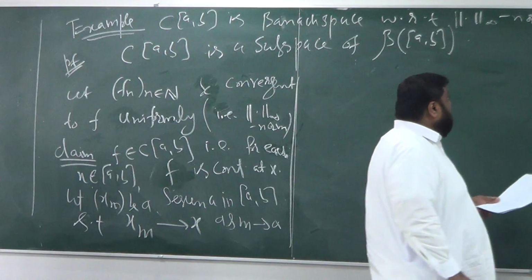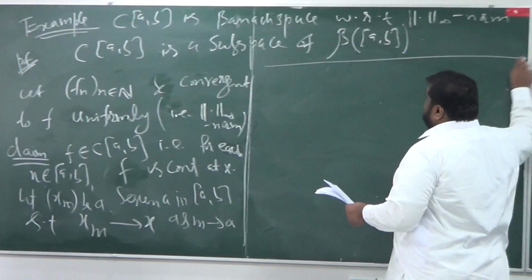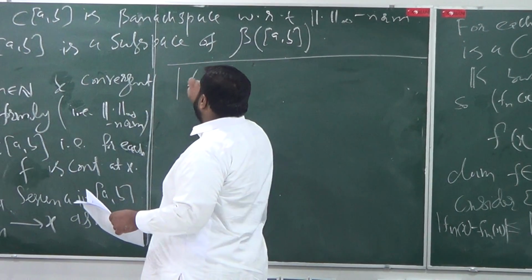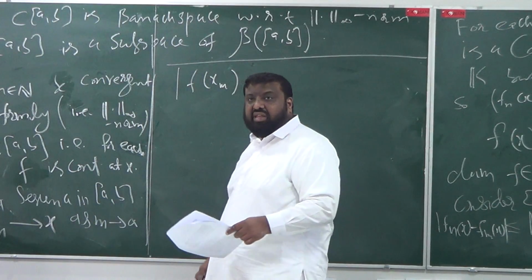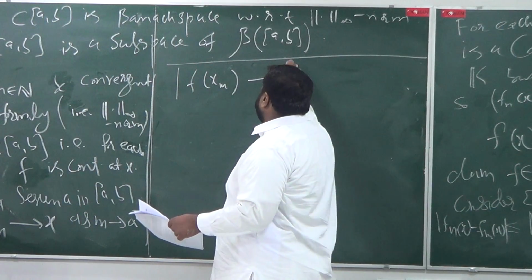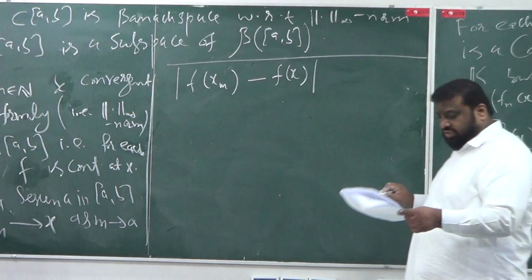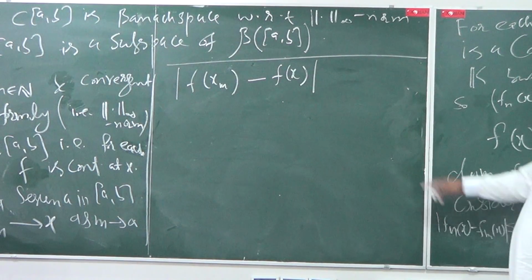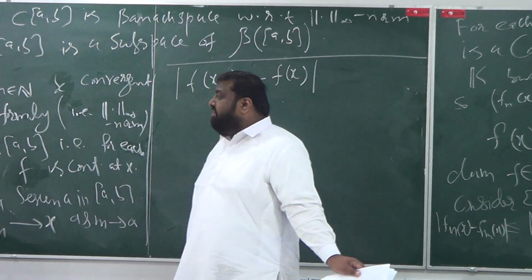So what I need to show is that if I map this x_m under f and x under f, the difference goes to 0 as m goes to infinity. Give me an estimate on this, keeping all this information with yourself.